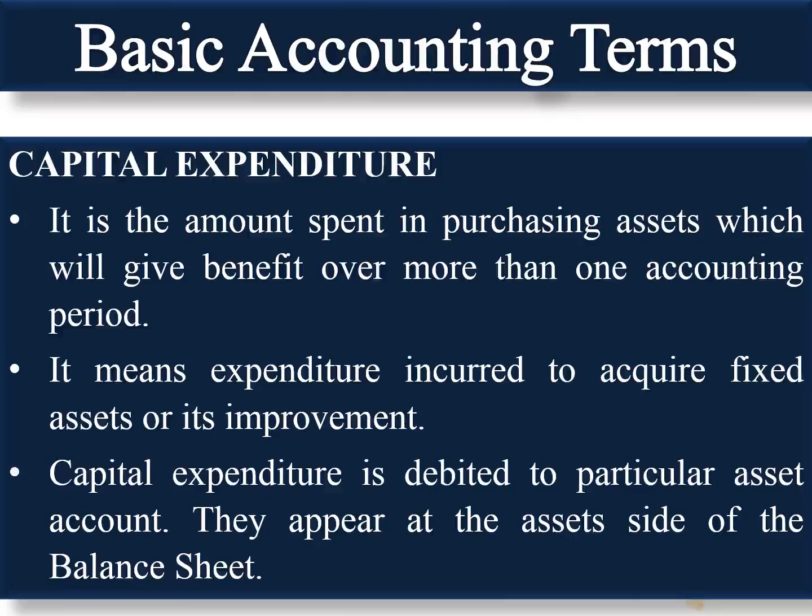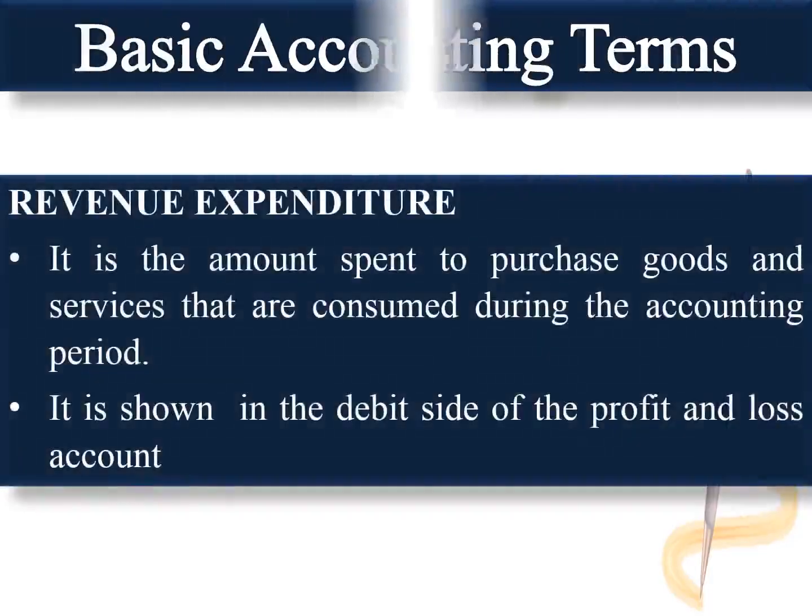The expense on buying a fixed asset is known as capital expenditure. So it means expenditure incurred to acquire a fixed asset or its improvement is known as capital expenditure. Capital expenditure is debited to the particular asset account and will appear on the asset side of the balance sheet.